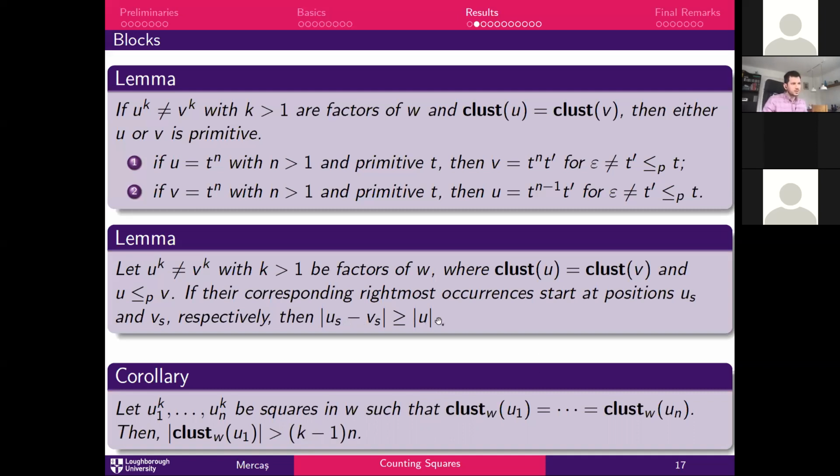And that's basically because of this difference in between the starting positions at the end. Now, using this result, you get the bound that I was talking about at the beginning, C times the length of the cluster for any power. However, this is for a really particular case, namely when the sizes of the clusters are the same. So it's not that impressive.